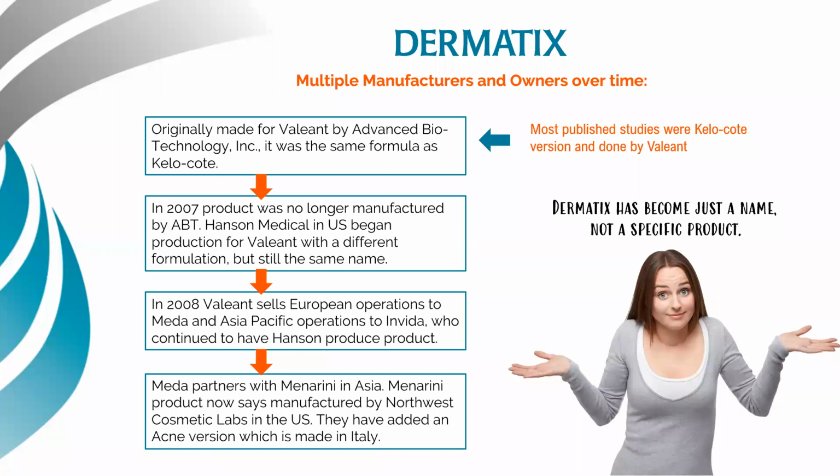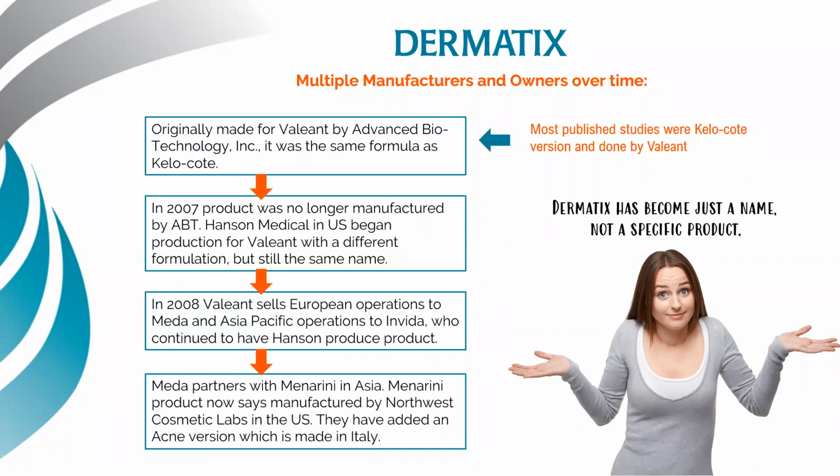There are a lot of clinical studies published that say Dermatix, and those are a lot of the studies that all the companies that sell silicone gels use as proof of efficacy for silicone gels. The thing is that most of those studies were funded by Valiant, and they were done with the Kelacote version.